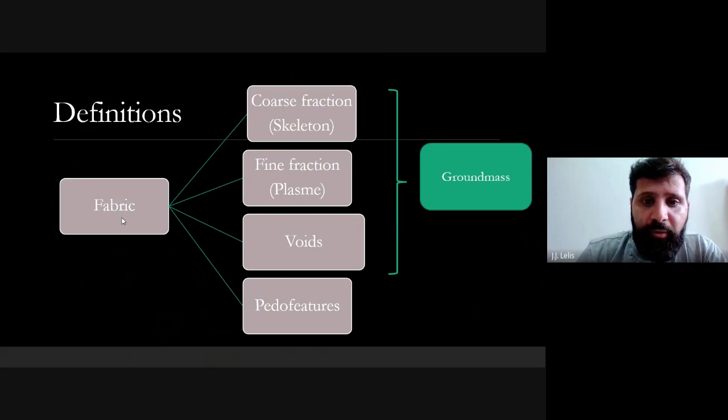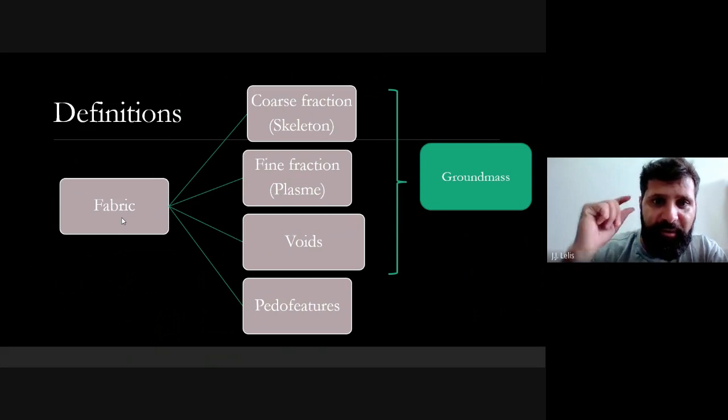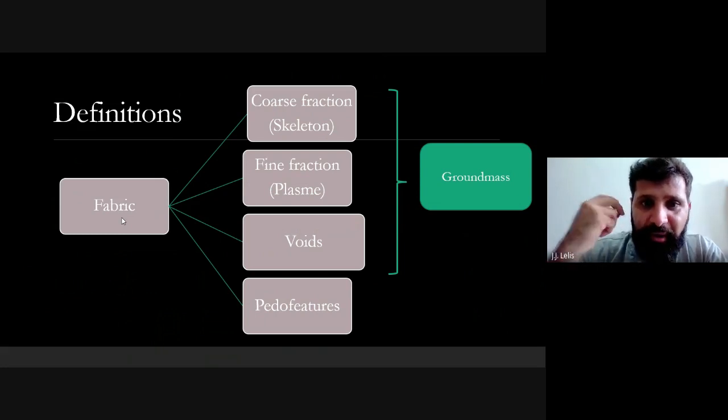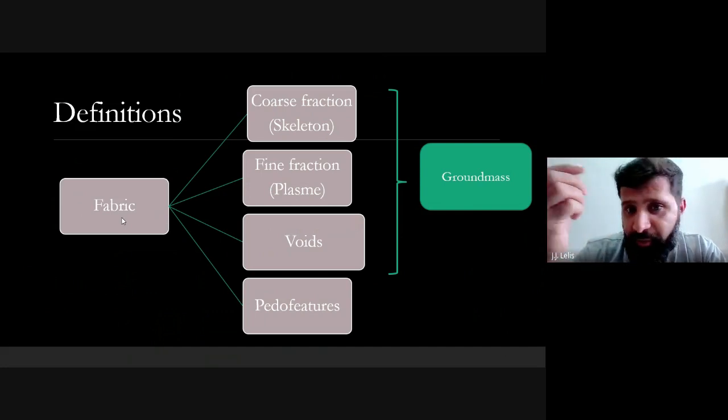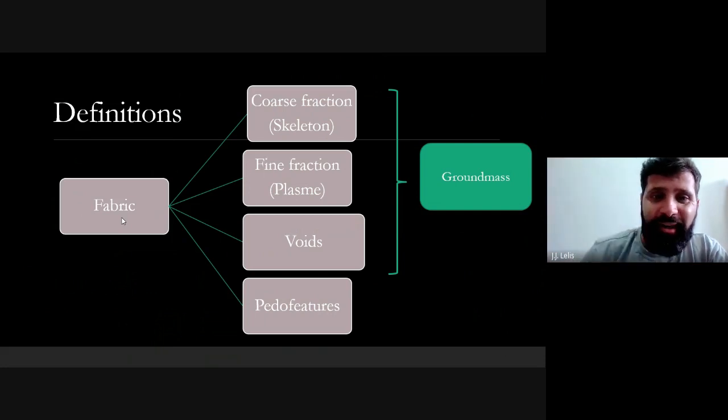And we also have the fine fraction. The fine fraction are those particles that we can't see in a microscope. We can't individualize them. We can't see one specific or particular clay particle, for example. So the clay composes the fine fraction.